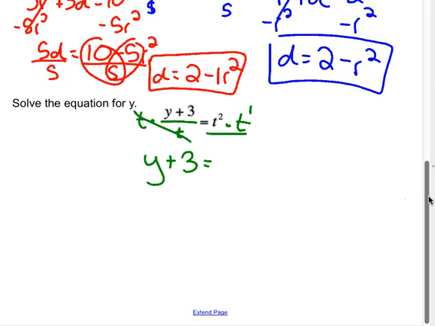So this is actually going to be t cubed. All those little things that we learned back in Expo are going to periodically come back up again in Algebra 2. So now finally, to get y by itself, I'm going to subtract the 3, so I get t cubed minus 3.